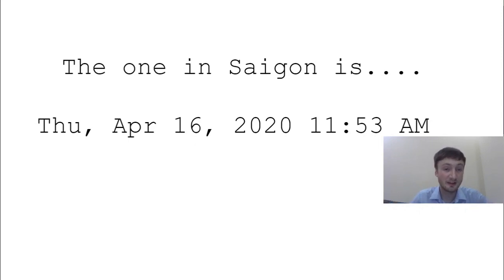So, on Thursday, when you have a look out your window, or if you're lucky enough to be allowed, go outside and have a look, at around 11:53 the sun should be directly overhead, and there should be no shadows. So maybe you can tell me if that one worked.